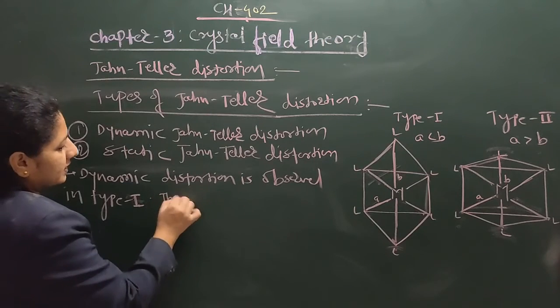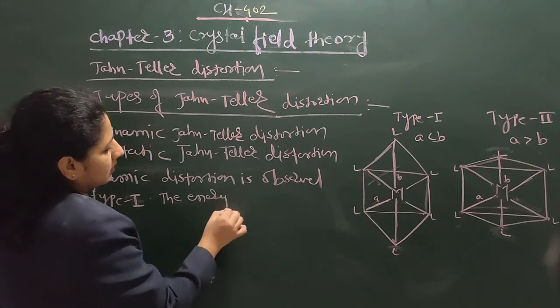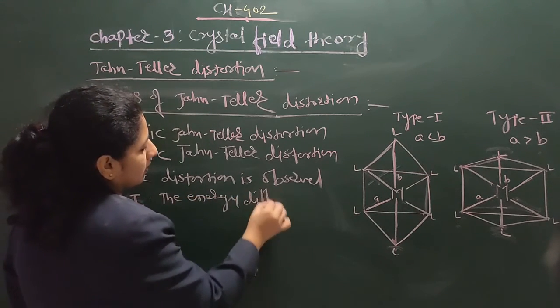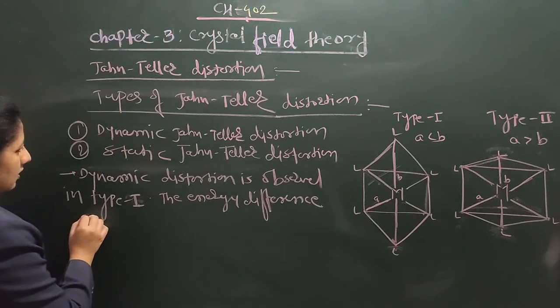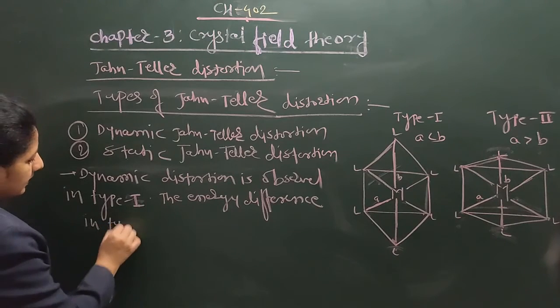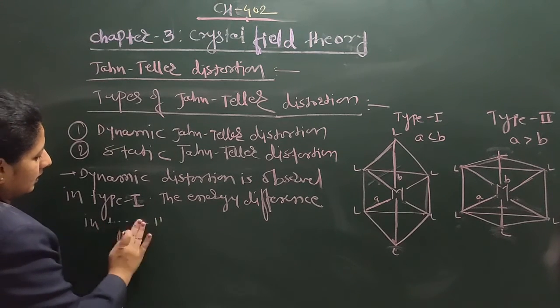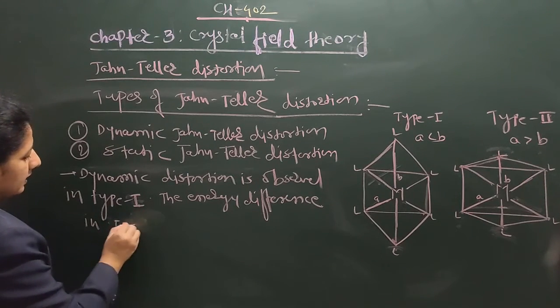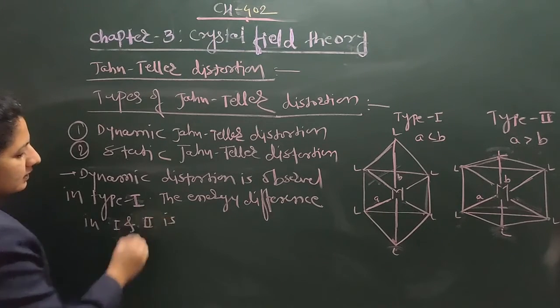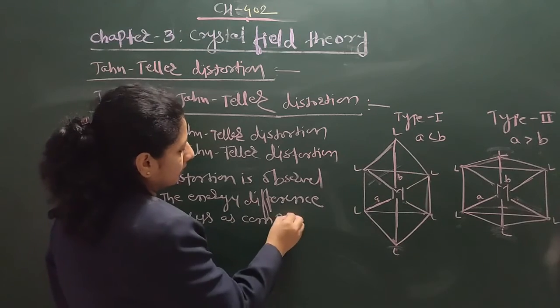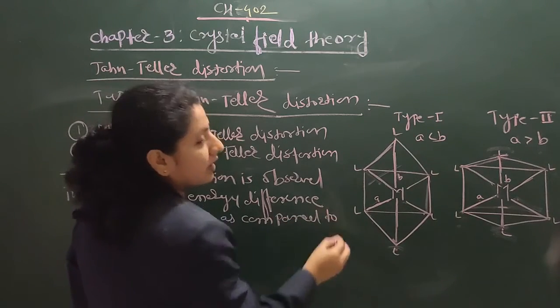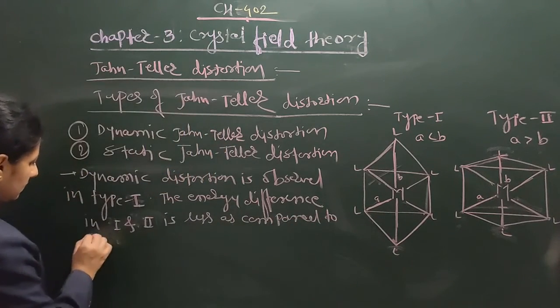The energy difference between first and second is less as compared to a regular octahedron.